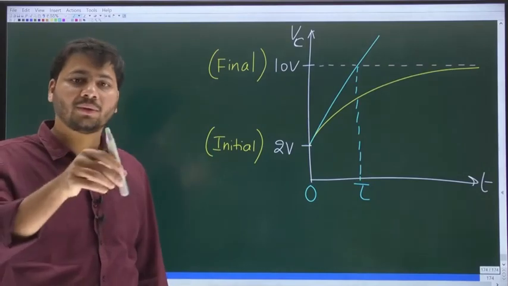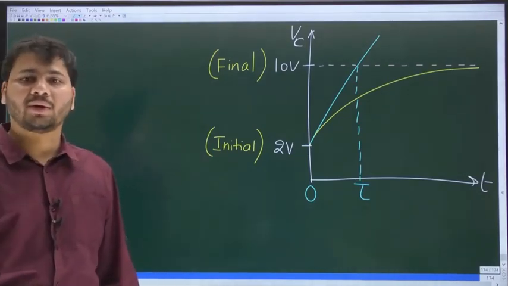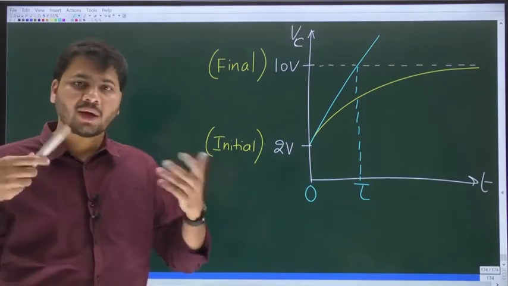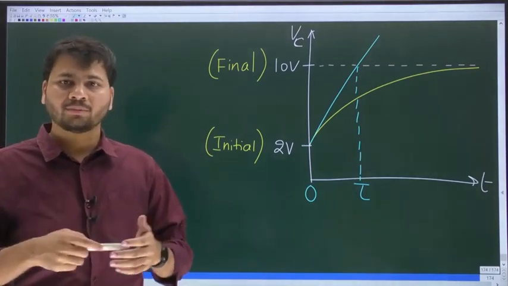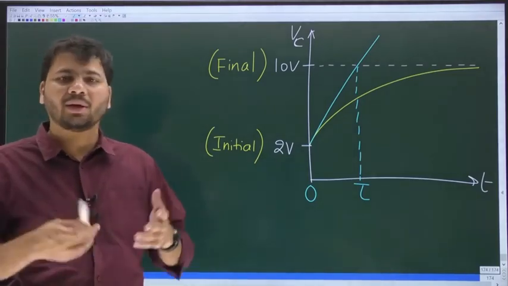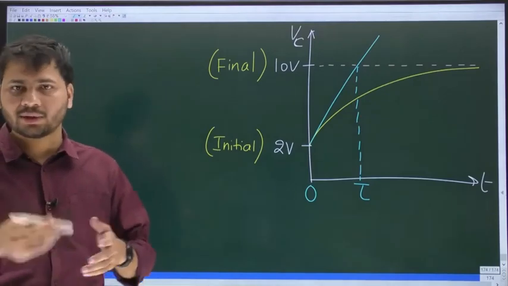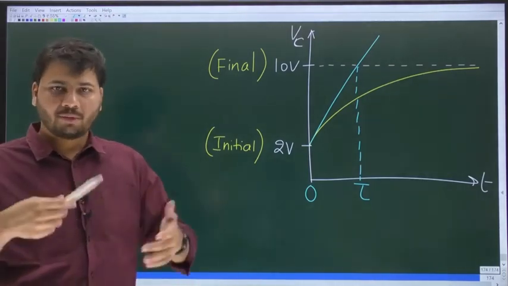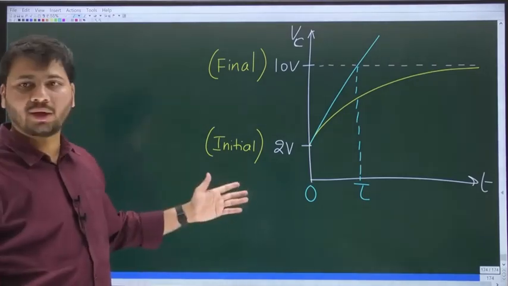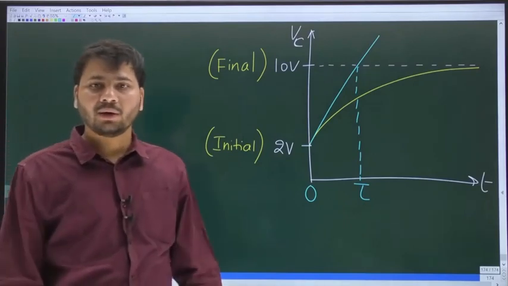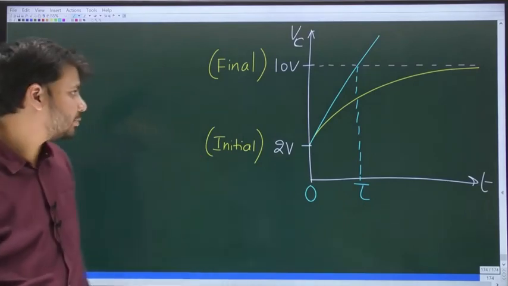So it is the current through the resistor that is responsible for the cap to get charged, because for the cap to get charged, current should flow into the capacitor. The current is actually flowing through the resistor first, then it flows into the capacitor, and it is that current which will charge up the capacitor, in this case from 2 volts to 10 volts, which is the final value. You understood? Yes.